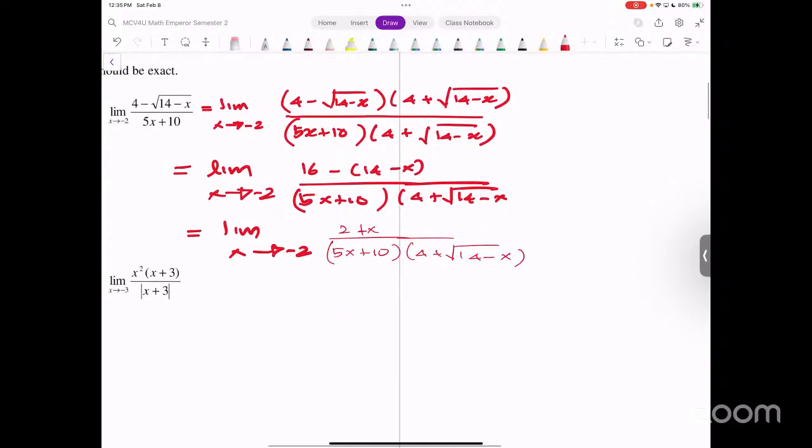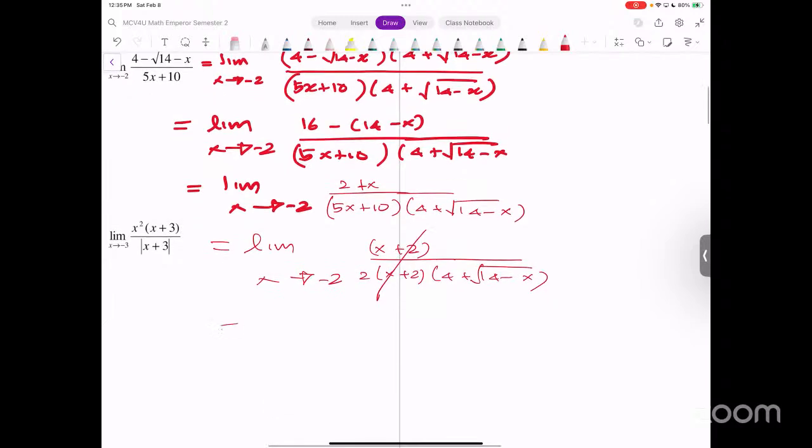Now, you can clearly say it's the limit as x goes to minus 2, x plus 2. We can common factor 2, x plus 2, times 4 plus the square root of 14 minus x. Good news is that is gone. So the limit as x goes to negative 2 of 1 over 2 times 4 plus the square root of 14 minus x.